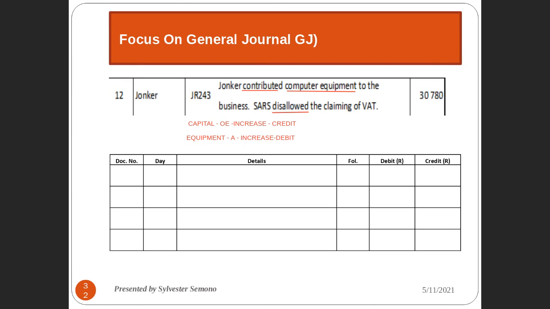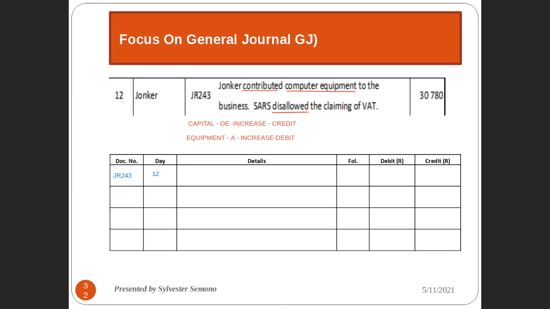So now we are ready to record. But remember, guys, the rule says the account that is debited must always come first. But I'm going to start with the source document. As you can see, the source document there is JR. By the way, this JR is not the JR, the wrapper. It's just a source document. And the day here will be the 12th.